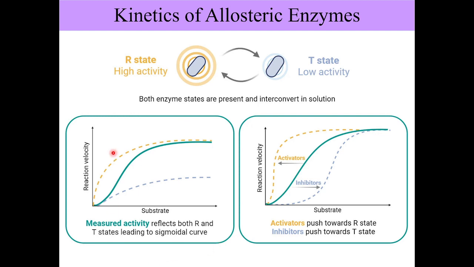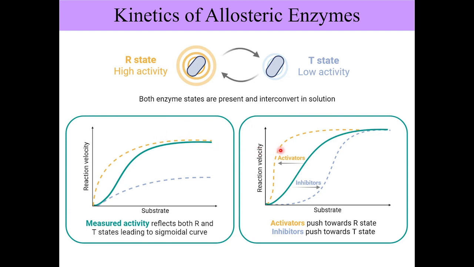So measured activity reflects both R and T states, leading to a sigmoidal curve. Okay, so this is the activity of the R state, this is the activity of the T state, and because of these two we get the S-shaped curve.